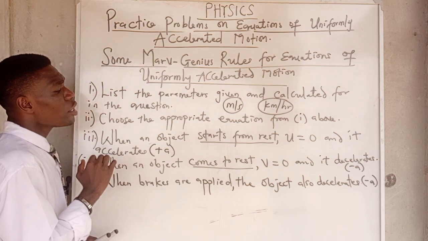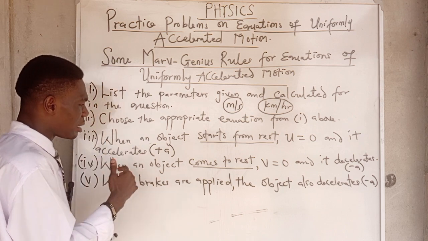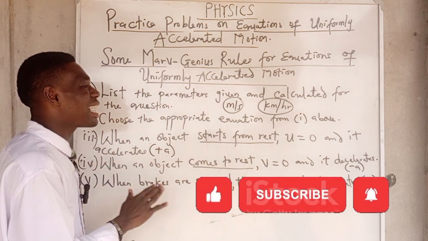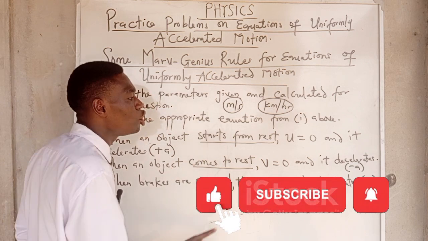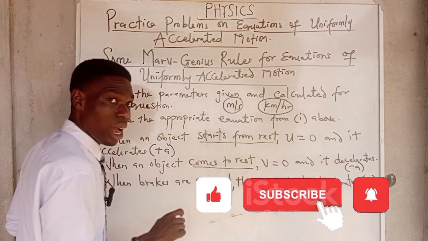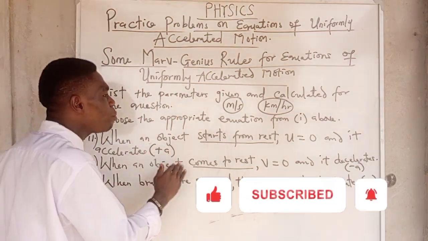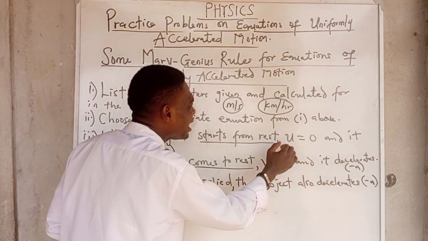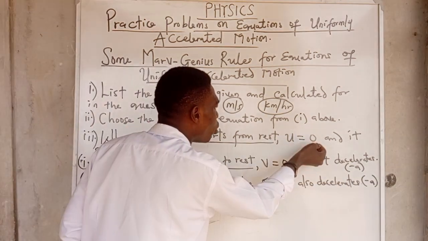So if you are solving a problem and you see that a body starts from rest, that has automatically made initial velocity u equal to 0. Are we following now? So when an object starts from rest, the initial velocity of it is actually 0.